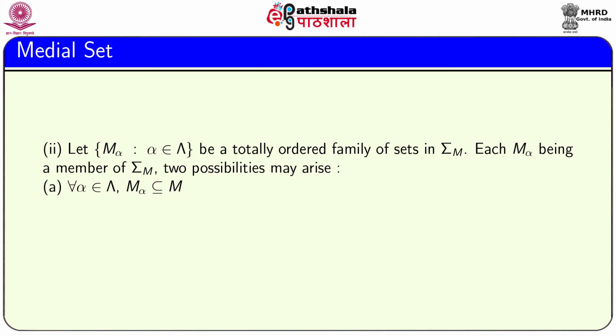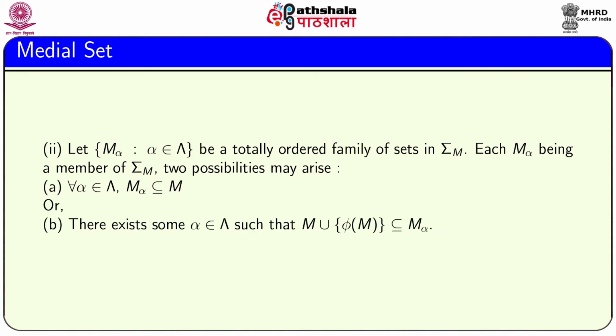Number 2, let M alpha, alpha belonging to lambda, be a totally ordered family of sets in sigma M. Each M alpha being a member of sigma M, two possibilities may arise. The first one, A: for each alpha belonging to lambda, M alpha is a subset of M. Or the second one, B: there exists some alpha belonging to lambda such that M union set phi M is a subset of M alpha.